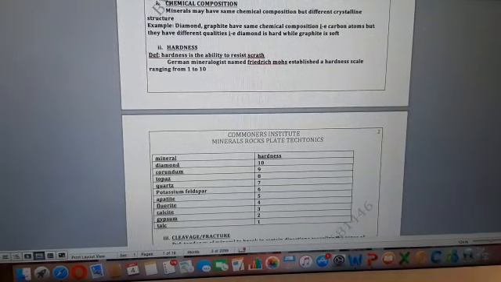Now as far as chemical composition is concerned, minerals may have the same chemical composition but different crystalline structure. So that is important.